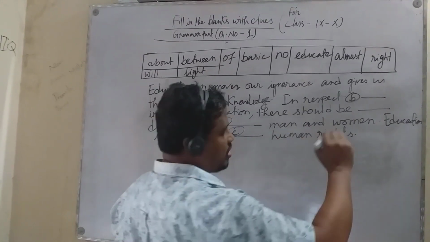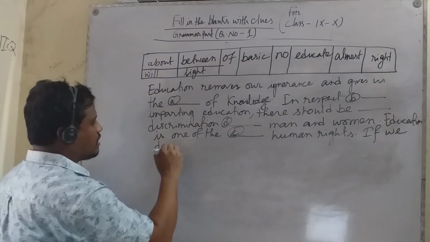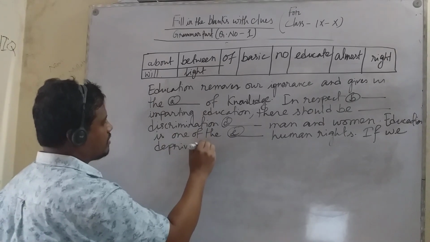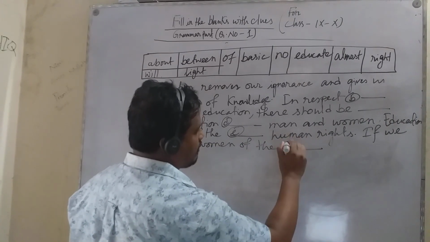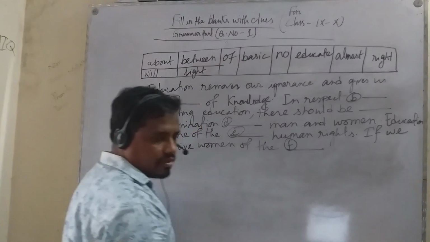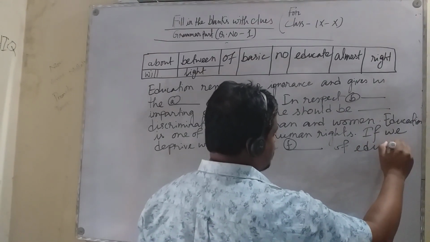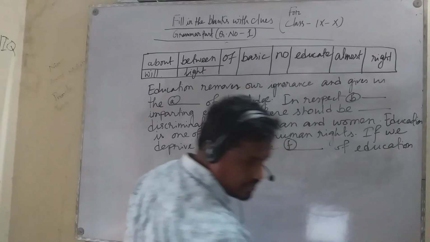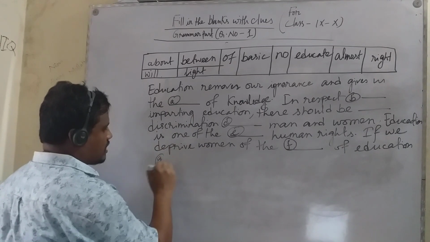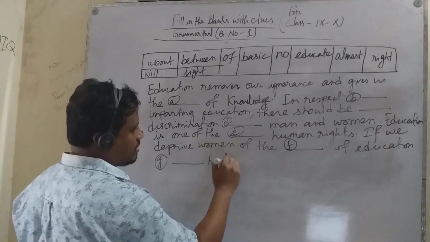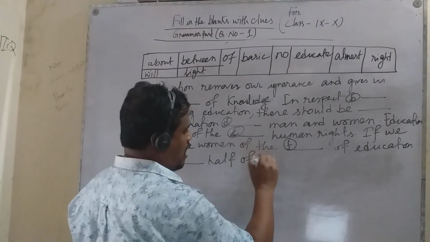If we deprive women of the gap, we write number F of education, dash half of our population.